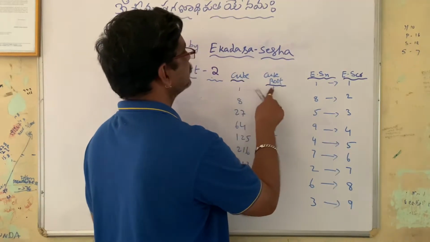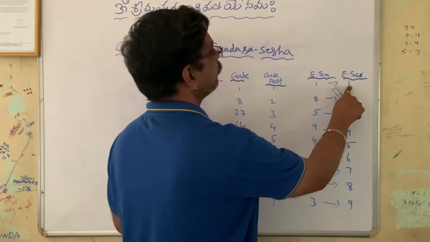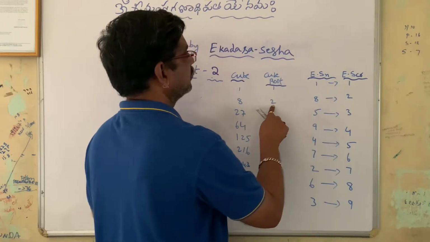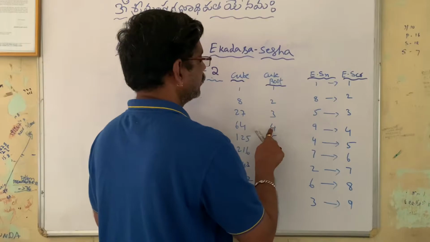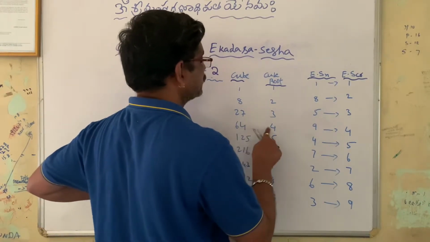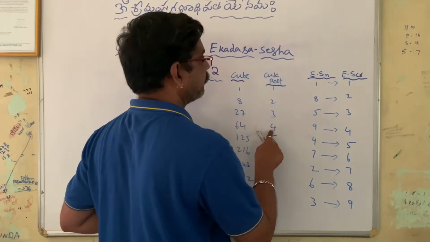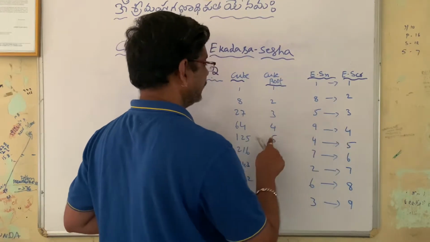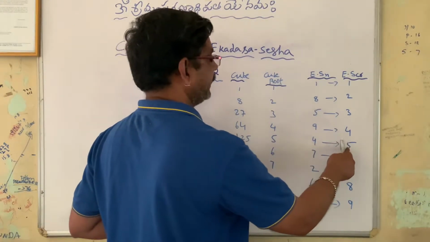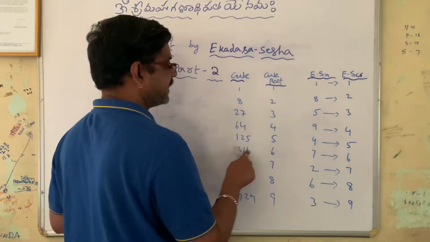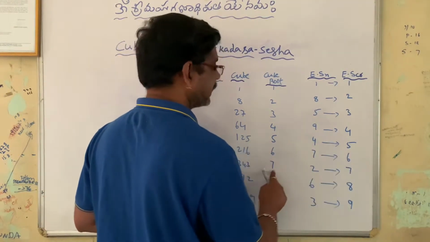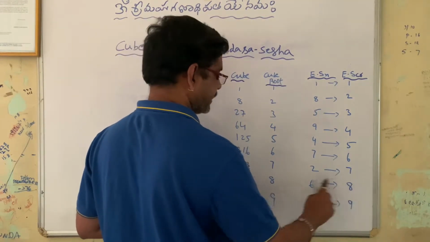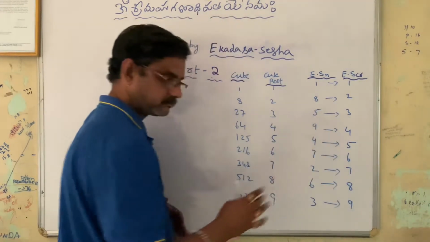So the cube root of 1 is 1 and its Ekadasha Sesha is 1. 2 and 2, 3 and 3. The cube root of 64 is 4 and the Ekadasha Sesha of 4 is 4. The Ekadasha Sesha of 5 is 5. The cube root of 216 is 6 and the Ekadasha Sesha of 6 is 6. 7 and 7, 8 and 8, 9 and 9.